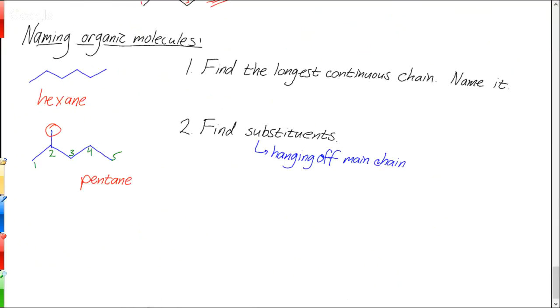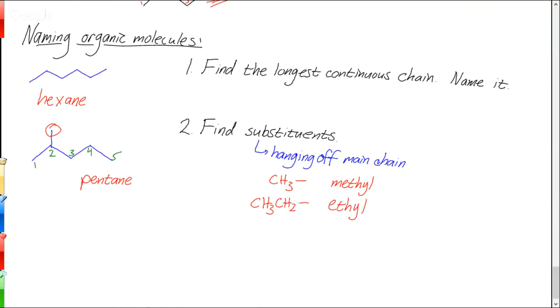So the names for the different groups kind of mirror the names that we learned before. If you have just a CH3, so just one carbon that's hanging off the main chain, we call that methyl. If we had a 2-carbon group, we would call that ethyl.